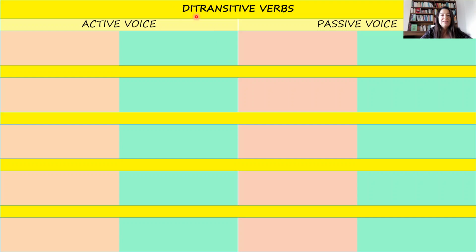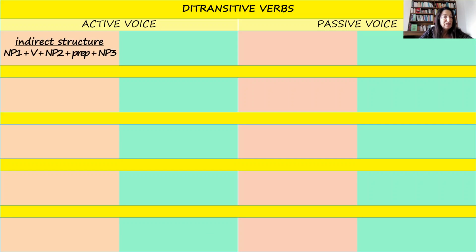As regards ditransitive verbs, so verbs that have two objects, deux compléments, we need to remember that there are different types of verbs that we will use as models.